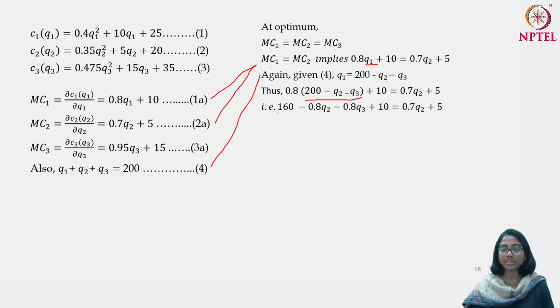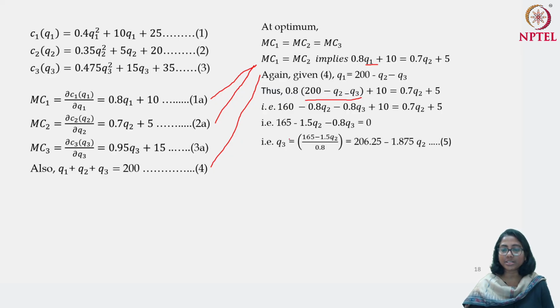So this gives me 160 minus 0.8 Q2 minus 0.8 Q3 plus 10 is equal to 0.7 Q2 plus 5. So it reduces to the equation 165 minus 1.5 Q2, taking this Q2 here, minus 0.8 Q3, which is equal to 0.